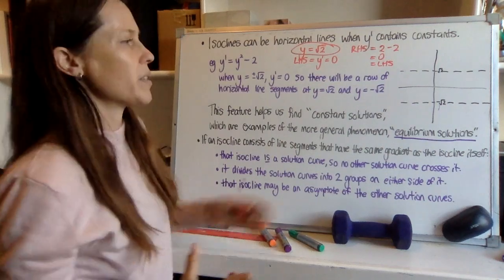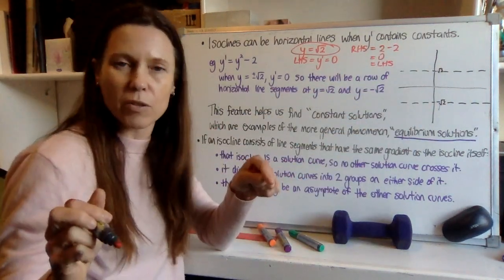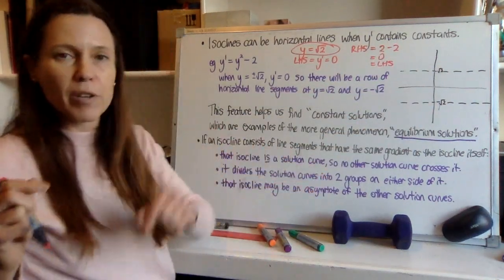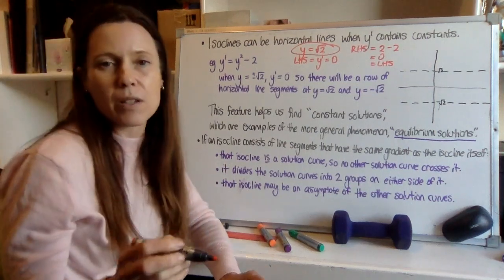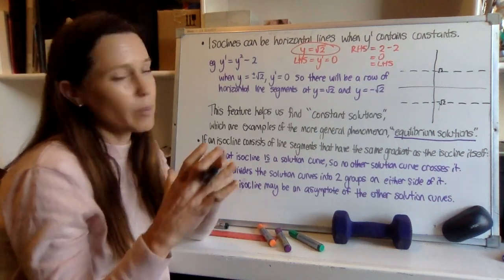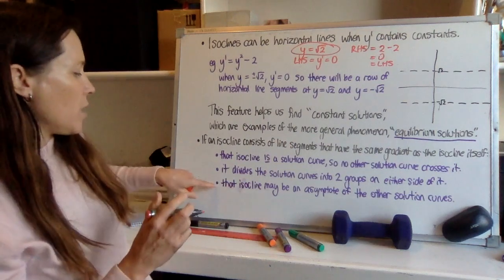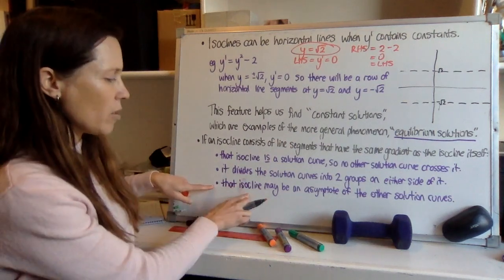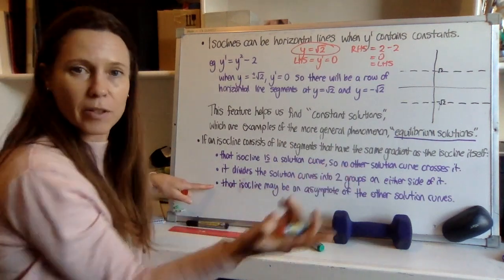Now, will all of the solutions actually just be horizontal lines? No, they won't. But we've already seen that some solutions to differential equations will have completely different shapes. Now, is it possible here that this isocline may be an asymptote of the other solution curves?